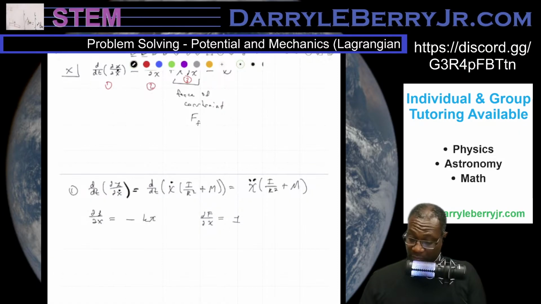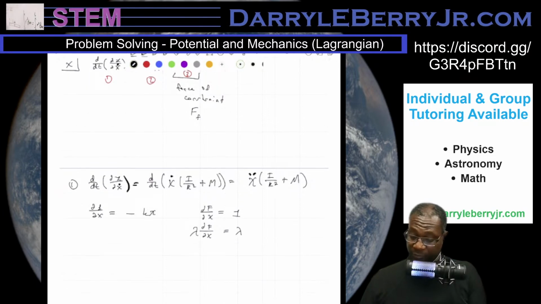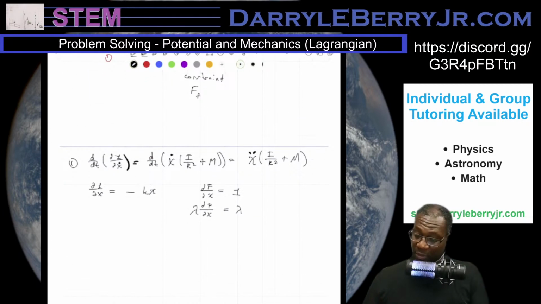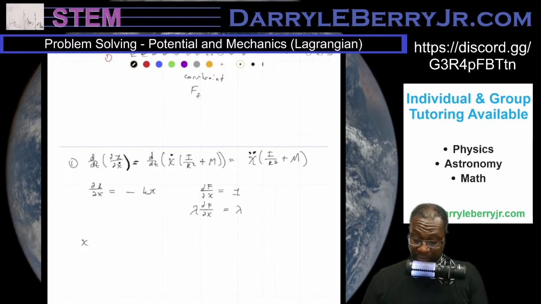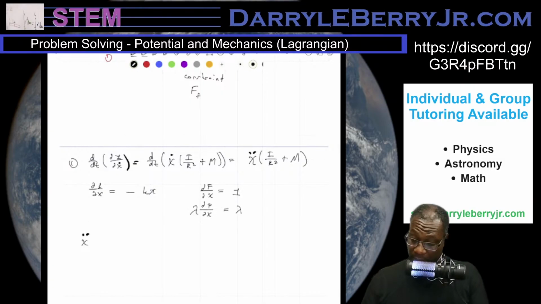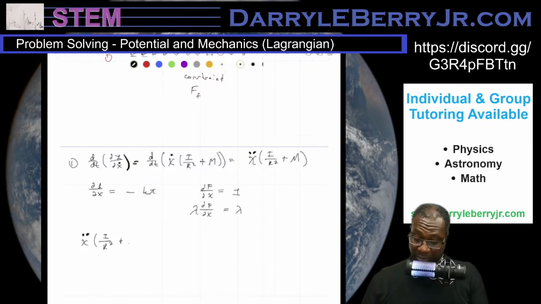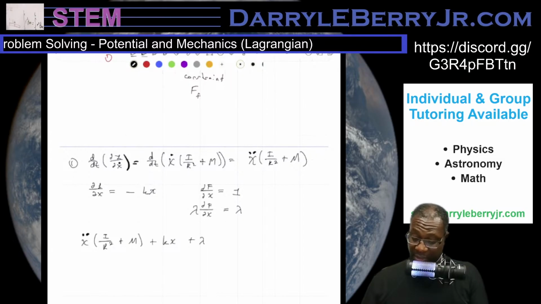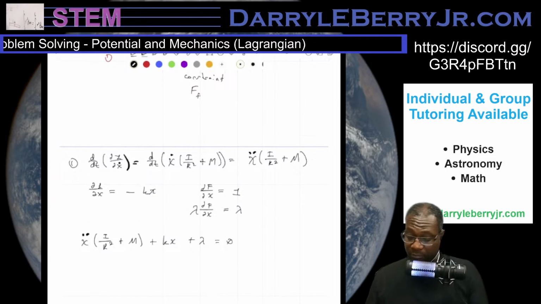So partial f over partial x lambda equals lambda. So that means that we have x dot dot, I over r squared plus m, plus x plus lambda equals 0.